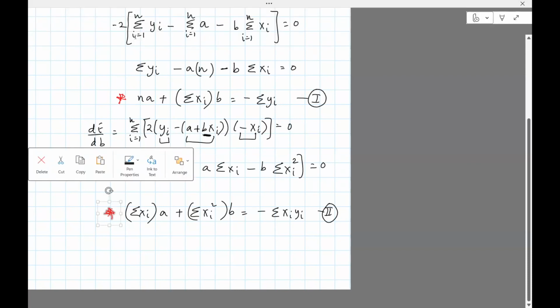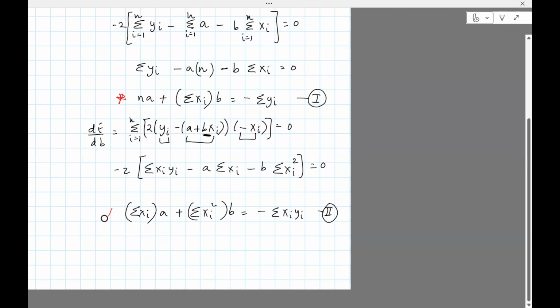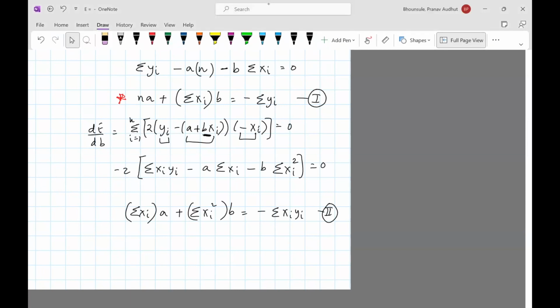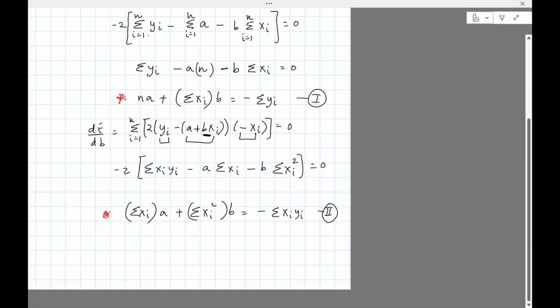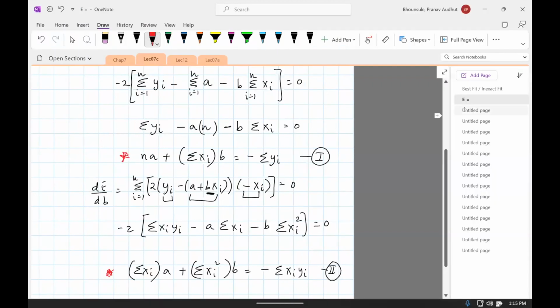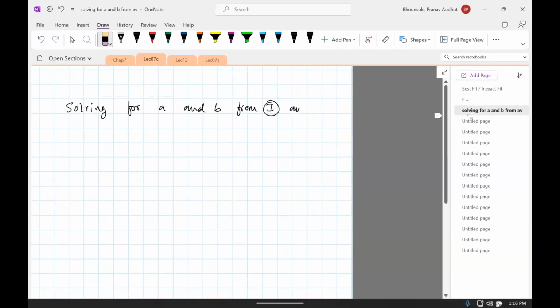I'll not go through the steps of how I solve for a and b in detail, but you should be able to do it because you have two equations and two unknowns, and it's fairly straightforward. I'll write the formula, and you might have seen this before because linear regression has probably been taught to you in a previous class. So solving for a and b from 1 and 2.